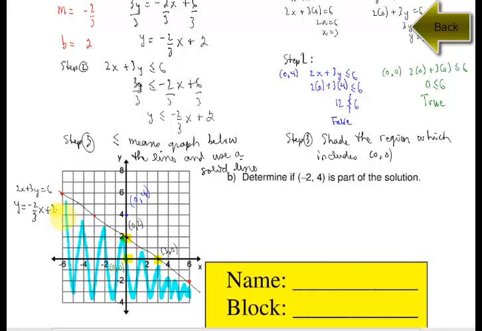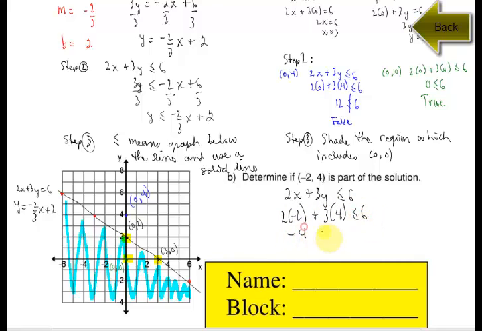So the last question we're asked to do is to determine if negative 2, 4 is part of the solution. So let's start with our inequality, which is 2x plus 3y is less than or equal to 6. Substitute in negative 2 for x and 4 for y.